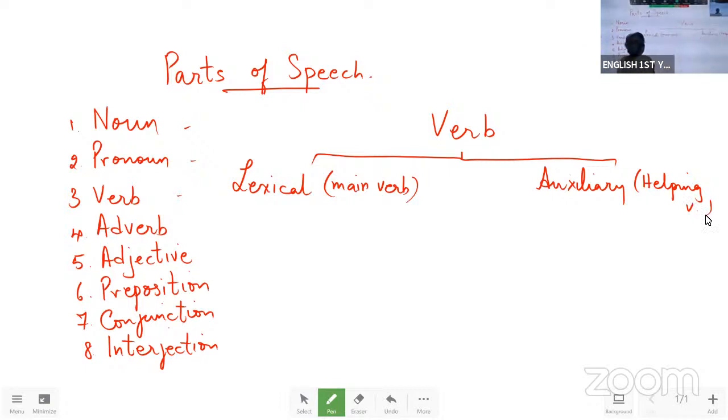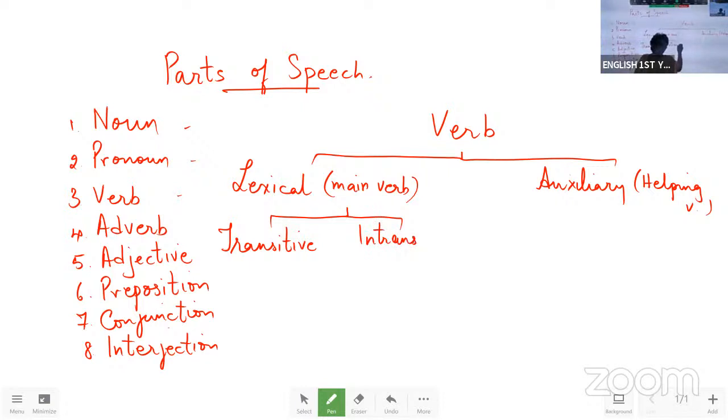Helping verb. Now, lexical are also divided into two. They are the transitive and the intransitive.